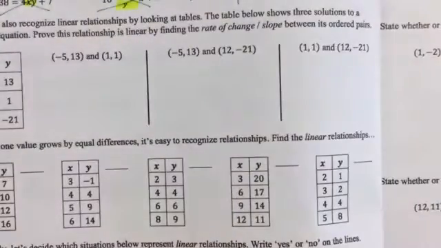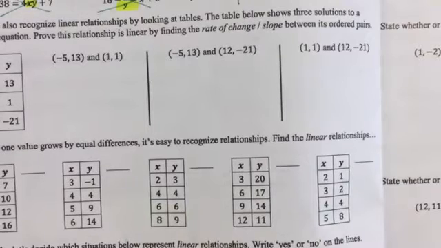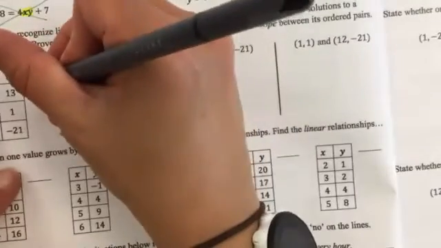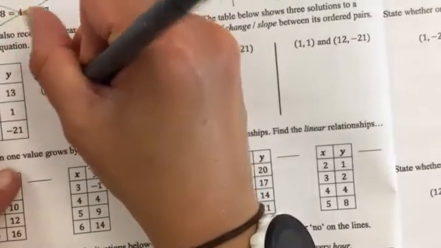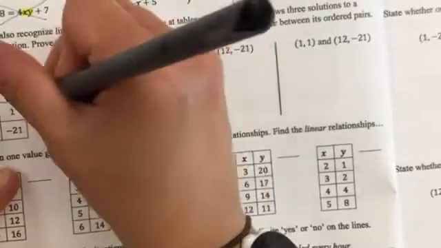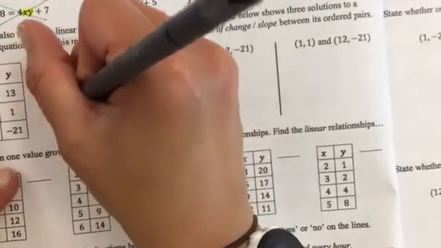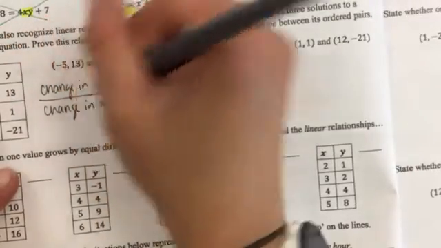Did you guys do some slope last year? A little bit, yep. Okay, so the slope, basically what you're finding is the change in y, and we'll do more of this later, change in y over the change in x.